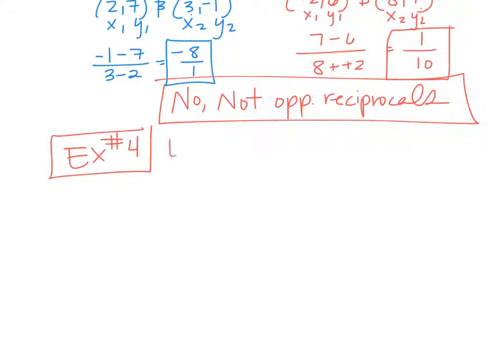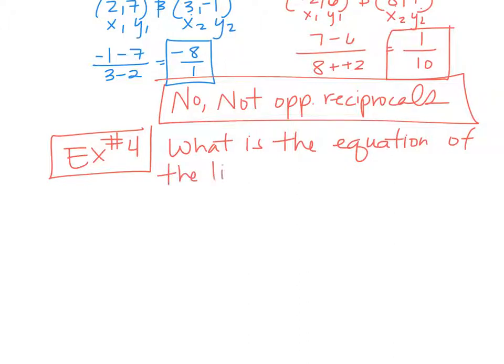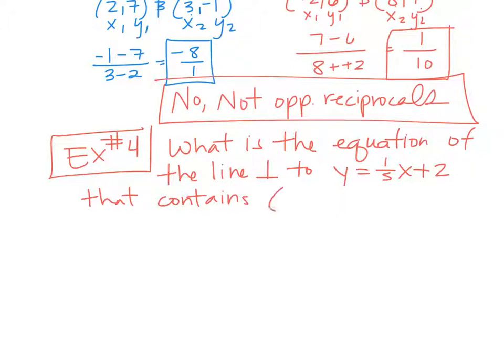So they're going to say, what is an equation, or what is the equation of the line perpendicular to y equals 1/5 x plus 2 that contains the point 15, -4.